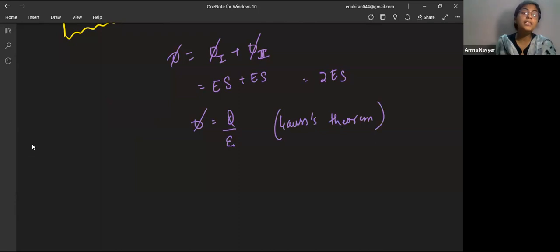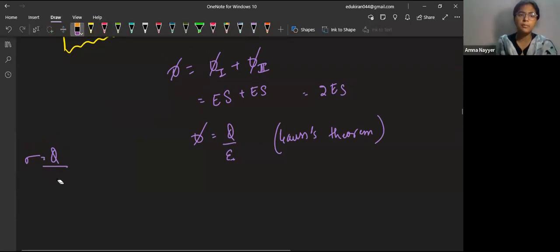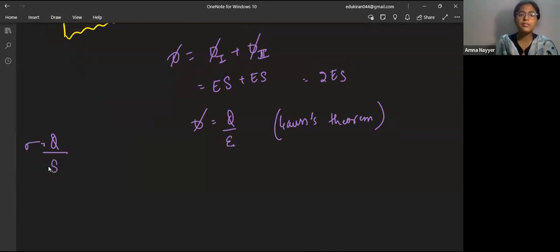Now charge is distributed over the surface, so you will use the surface charge density. This time we'll have sigma as Q by A, where you can write A as the surface area. I'm writing it as S. So this is charge per unit surface area.